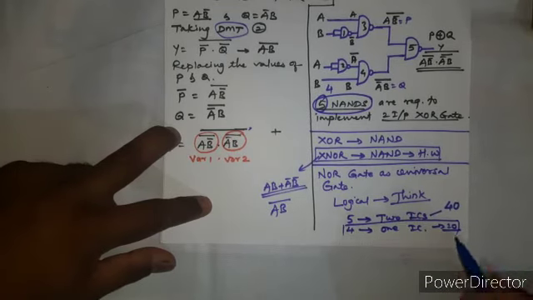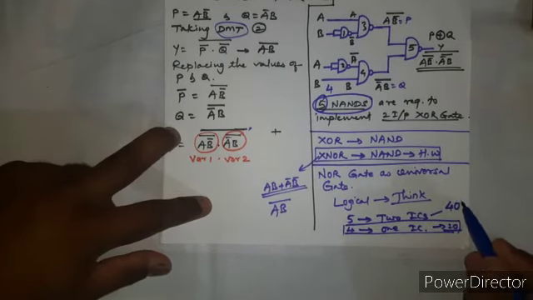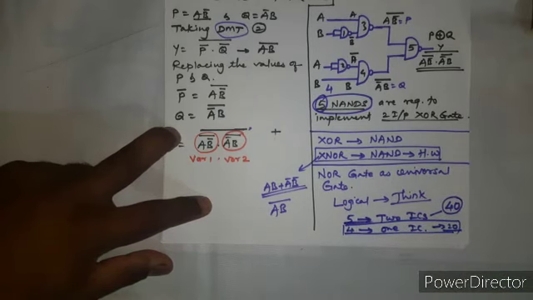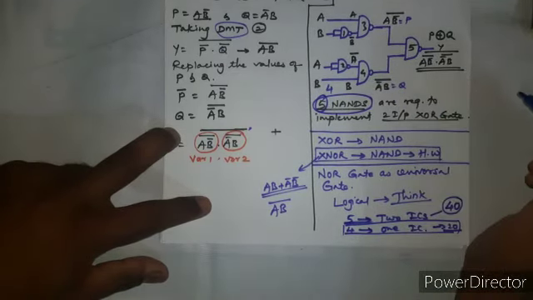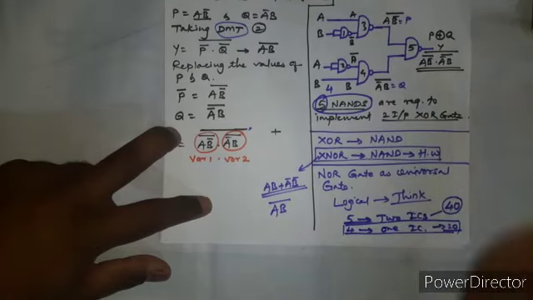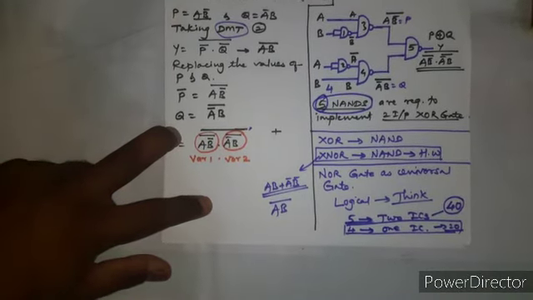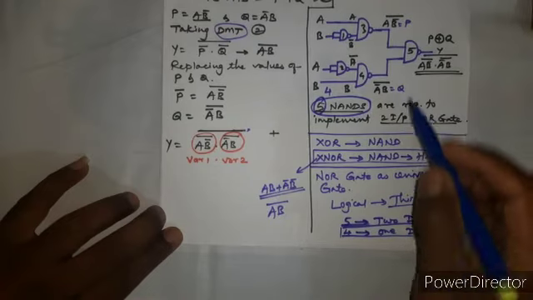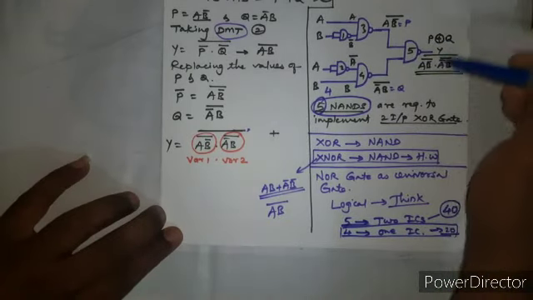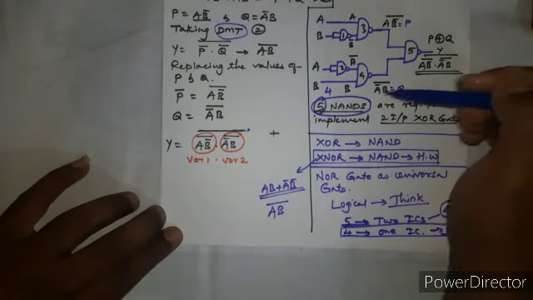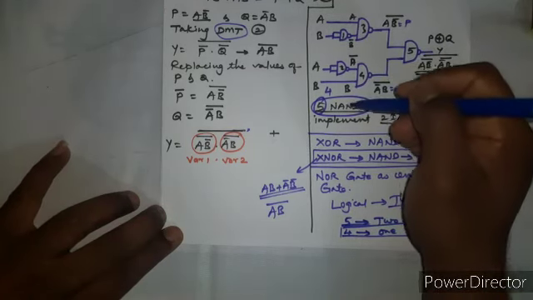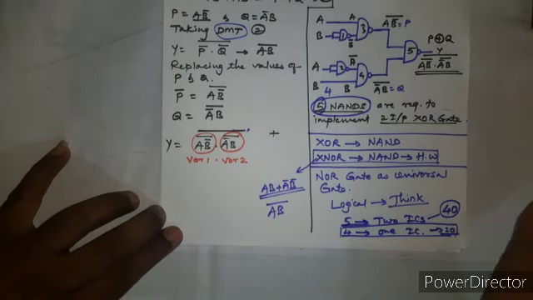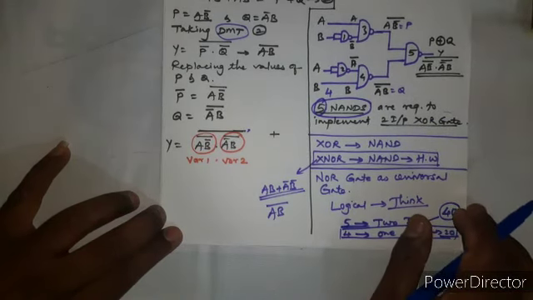So this implementation requires half of the price as compared to that implementation. I want you to think how this circuit of 5 NAND gates can be reduced to 4 NAND gates for a 2 input XOR gate. I hope you understand this question.